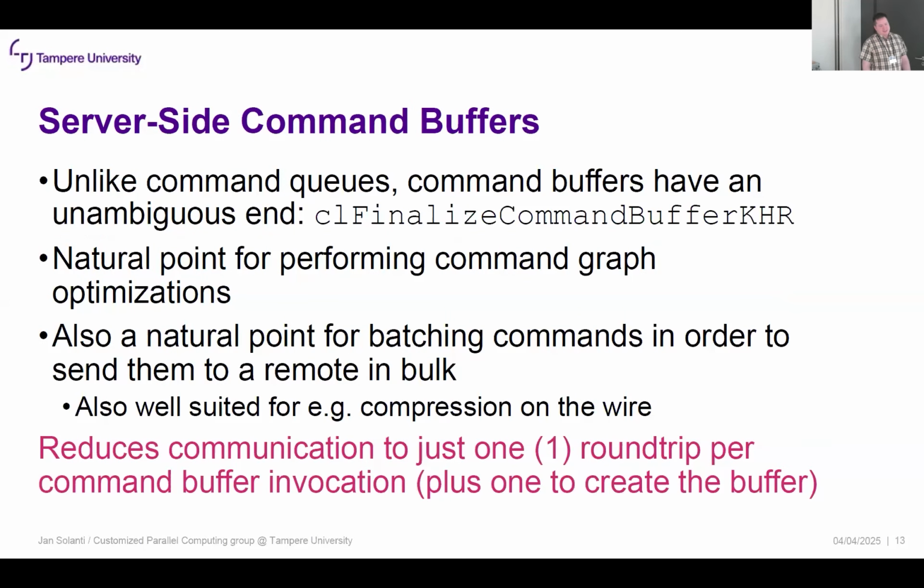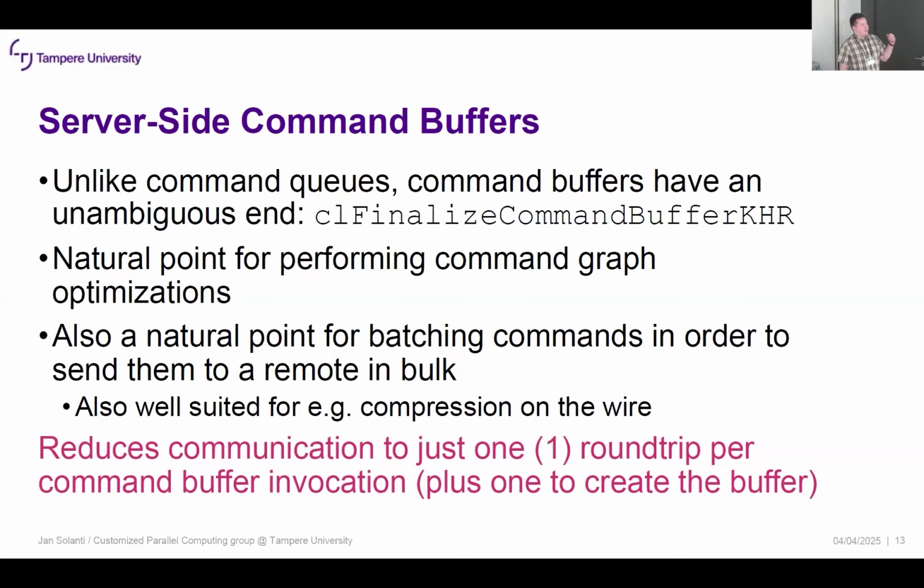So the solution for that is to handle the command buffers on the server side. Unlike the command queues, where you can just enqueue commands to be executed immediately, the command buffers have to be finalized first with clFinalizeCommandBufferKHR, which then signals to the runtime that no commands will be added. And aside from a couple of argument changes with mutable command buffers, nothing else can change really.